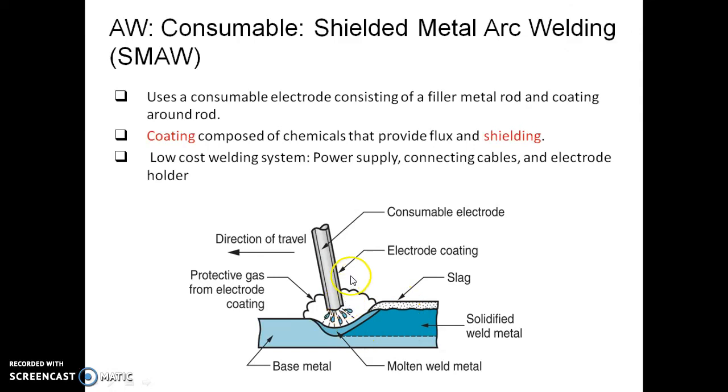Sometimes there is a need to add some alloy, and that can be added through the electrode. That's why this is called shielded metal arc welding. This can be used for repairing work, in whatever environment, and is generally used. It can cover high depth.